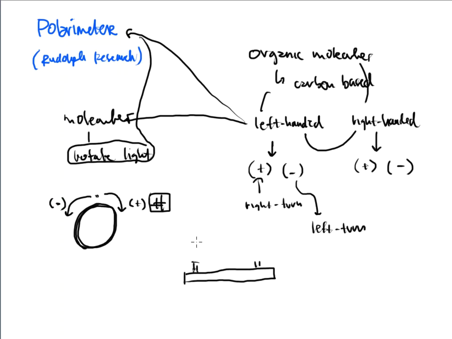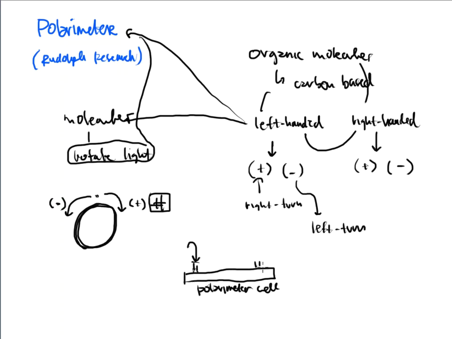I would take that syringe, suck up some sample with it, walk over to the polarimeter, and put the syringe on one of the outlets, it doesn't matter which one, and slowly push the sample into what we would call the polarimeter cell.